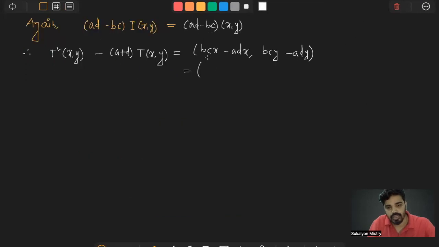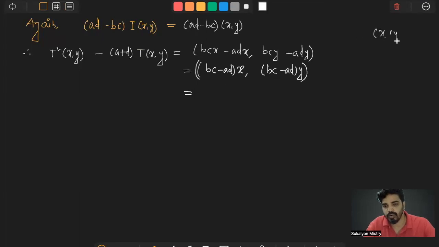Just taking x common, what do you get? (bc minus ad) into x, (bc minus ad) into y. Now suppose this is c, so cx comma cy, so this can be written as c into (x, y). So c means (bc minus ad) into (x, y).